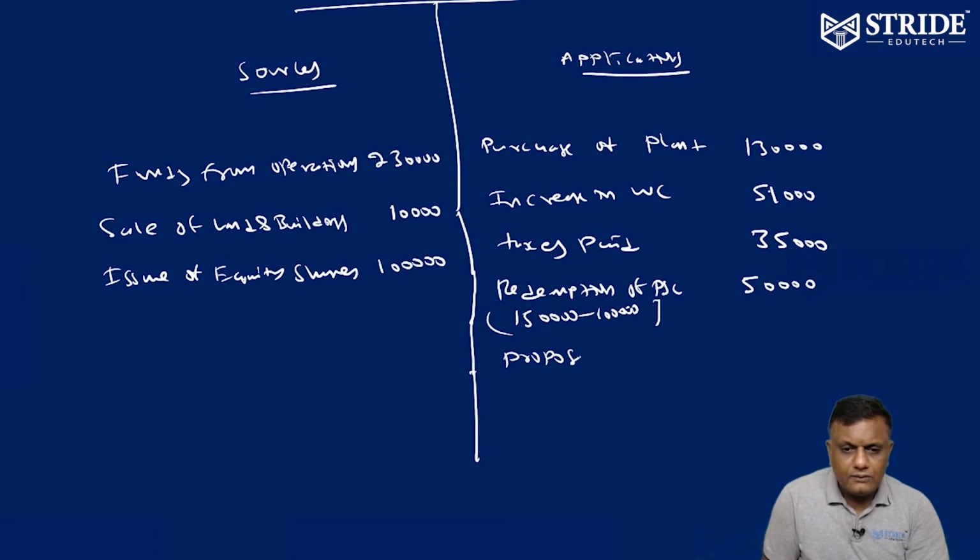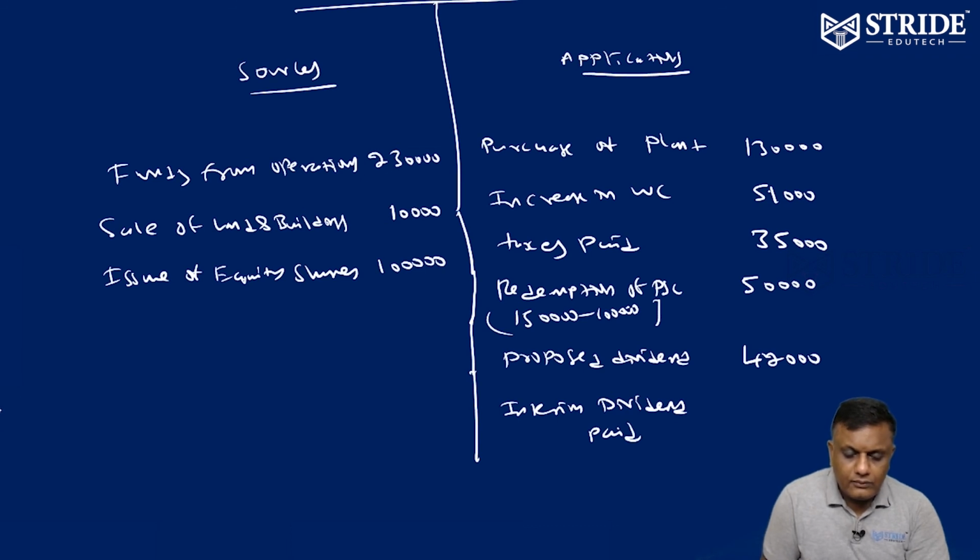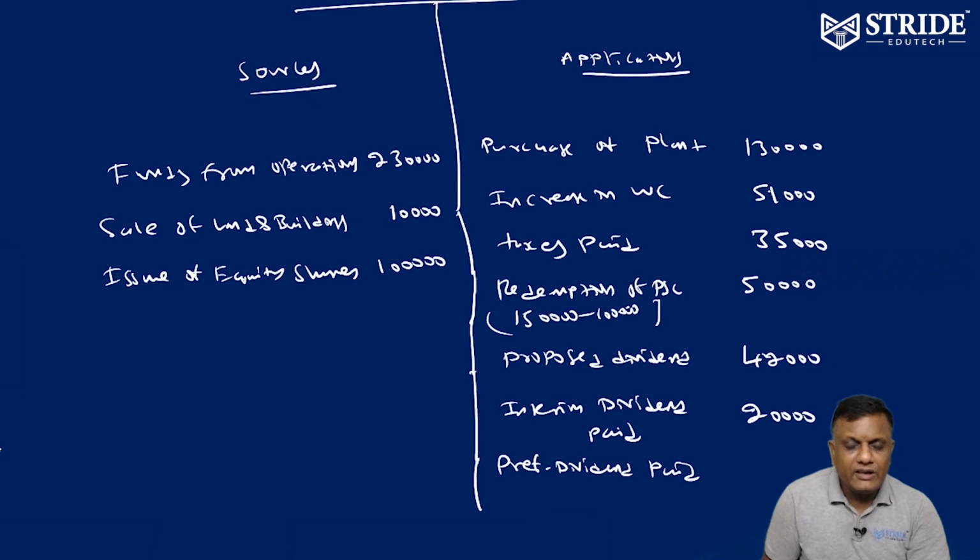Proposed dividend last year 42,000, we paid now. Interim dividend paid, point number 2, 20,000. Preference dividend paid, because already we posted in debit side of adjusted P&L account, so its application also I told you already.